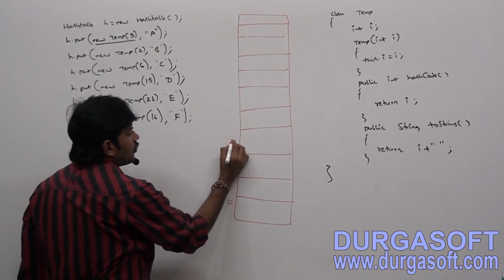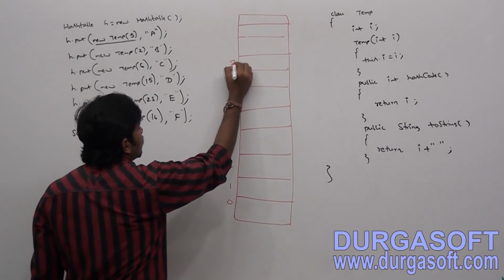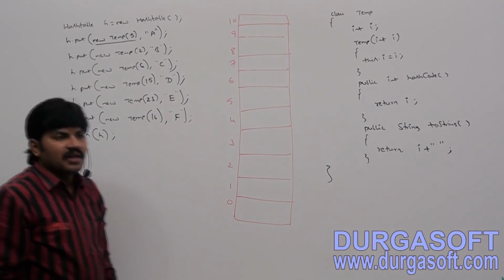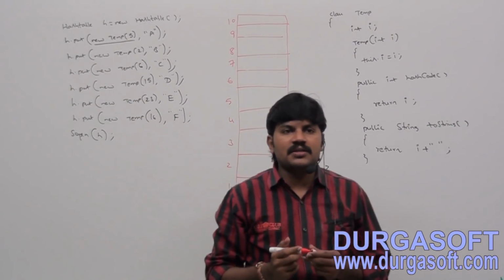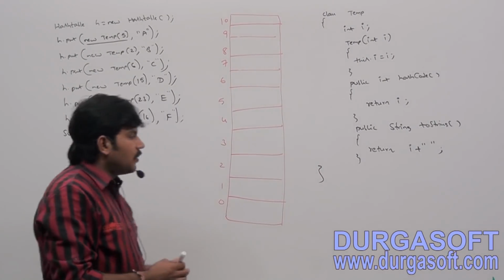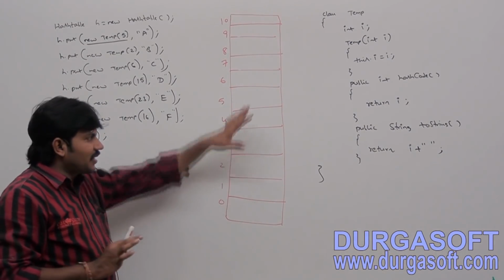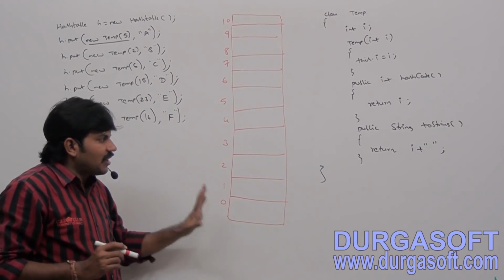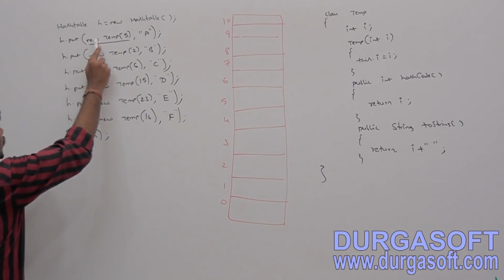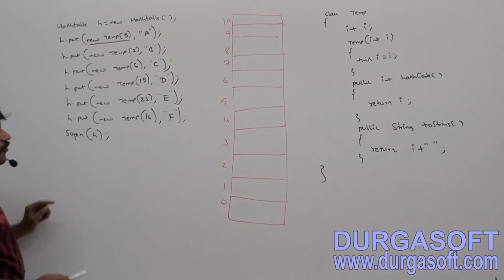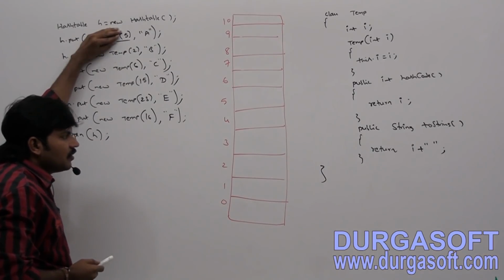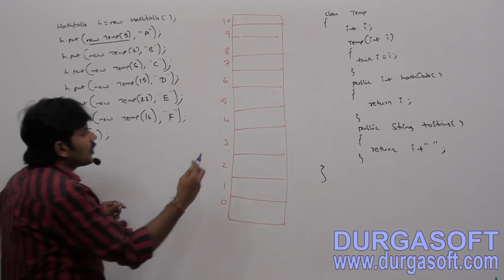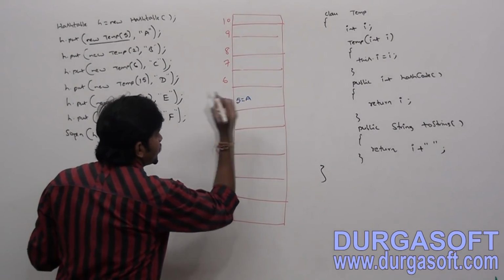Bucket is the technical term only, not a layman word. Total 11 buckets, because the default initial capacity is 11. New Temp(5), A: what is the hash code of this object? 5. In the fifth bucket, 5 = A is saved by default. Are you getting it?